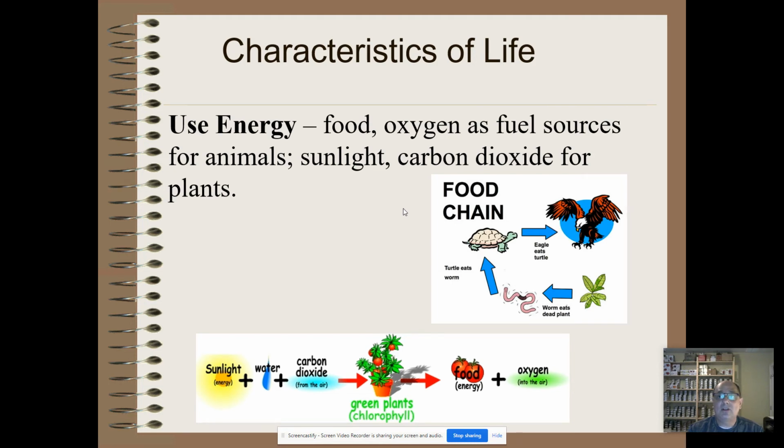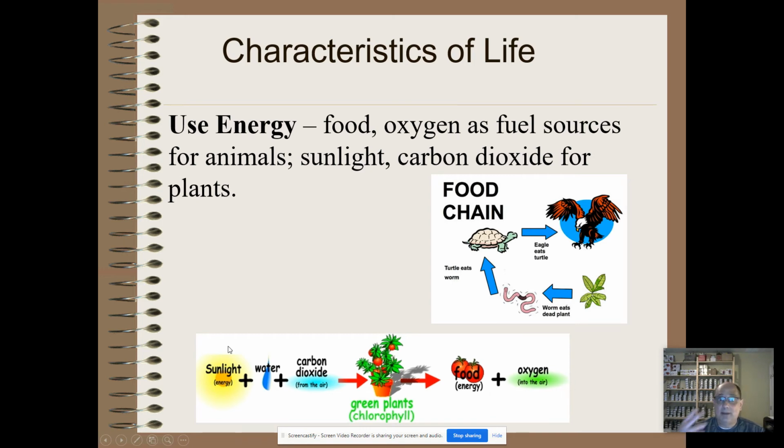So oxygen is a fuel source for animals, and sunlight and carbon dioxide for plants. Again, as we've gone through in the past, this is photosynthesis, the formula where you take sunlight, water, and carbon dioxide, and it makes the plant grow. And it produces food, the energy, and oxygen.